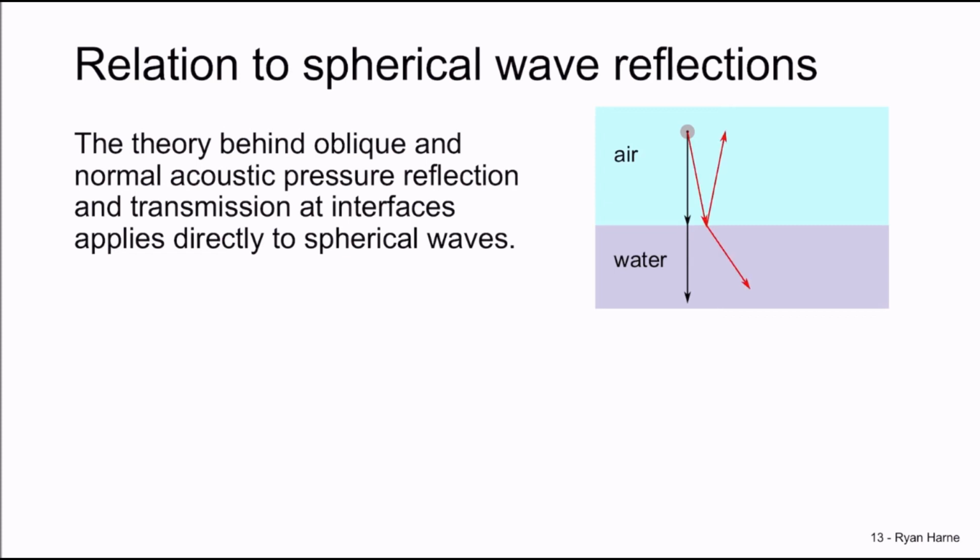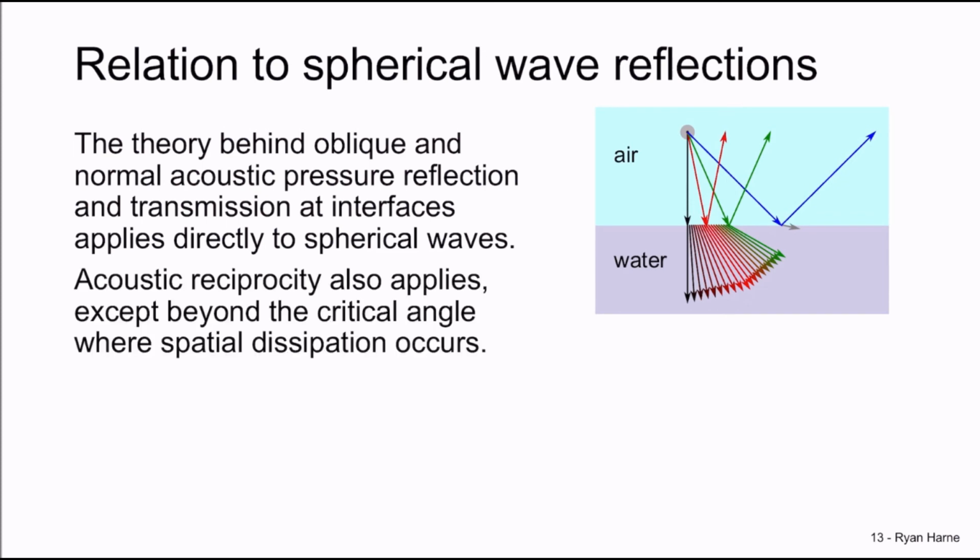As the angle of incidence increases, we have bending of the wave, in other words, refraction in water and reflection in air. And as we approach the critical angle, less and less of the wave transmits into the water until we are above critical and all of the wave reflects.